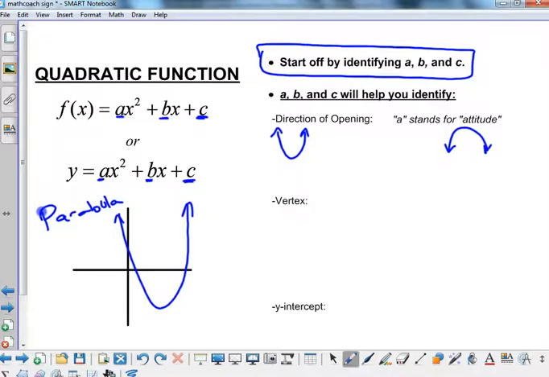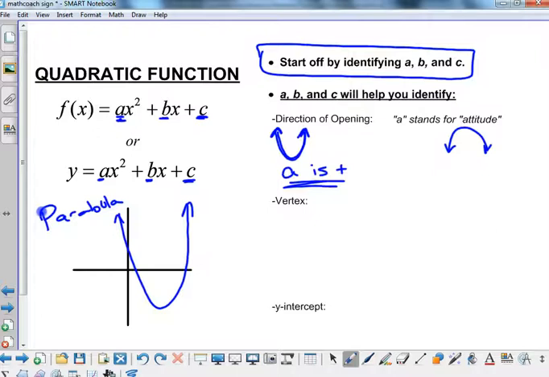The key here is to remember that A stands for attitude, and A being the coefficient of the quadratic term, it tells us the direction of the opening. If A is positive, or our attitude is positive, we're going to be in a smiley face. We'll be smiling, and our parabola, or our smiley face shape, will be pointing upward.